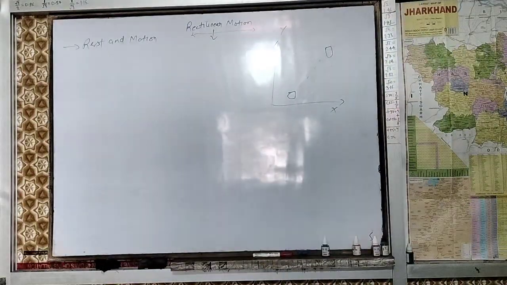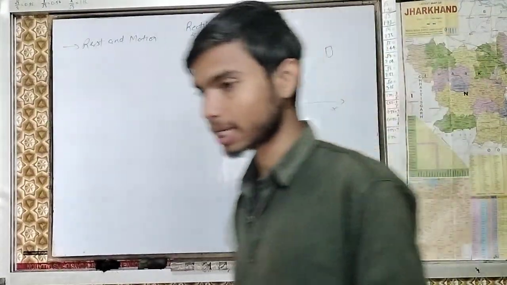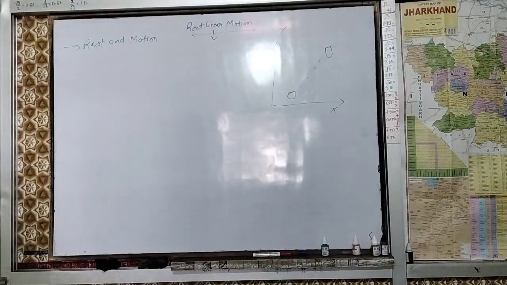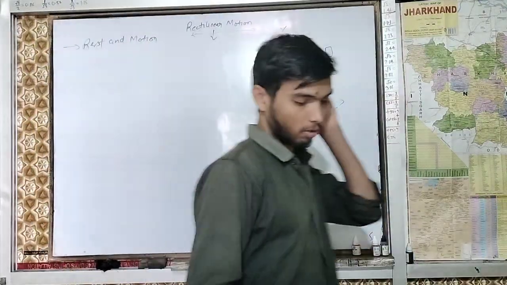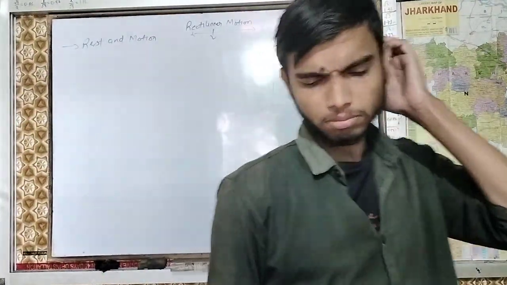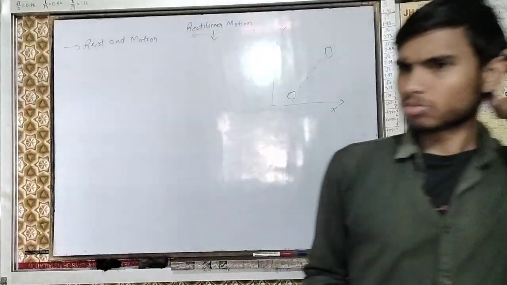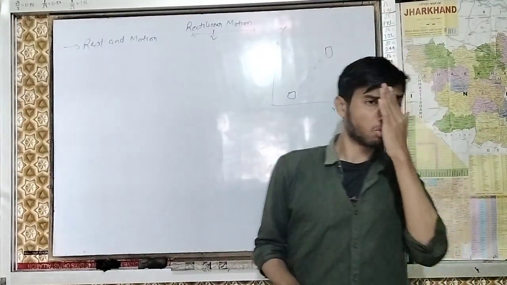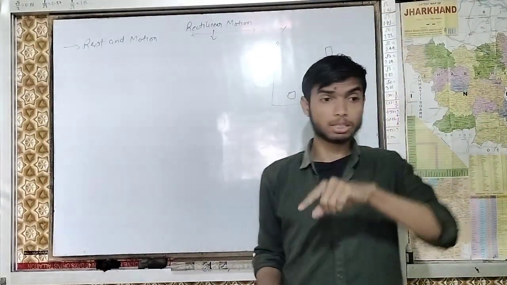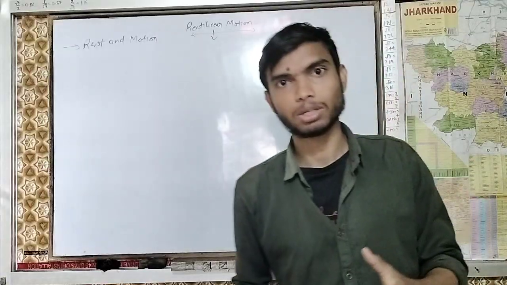Now next point, there is no meaning of absolute for rest as well as for motion. An object can be both at rest and in motion simultaneously for different observers.